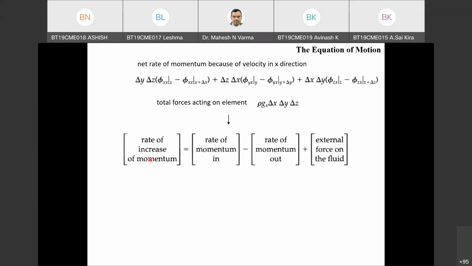Similarly, the rate of increase in momentum will be dou by dou t of rho into delta x, delta y, delta z into Vx, and divide this equation by delta x, delta y, delta z, and taking delta x, delta y, delta z tends to 0, and using the definition of differential.